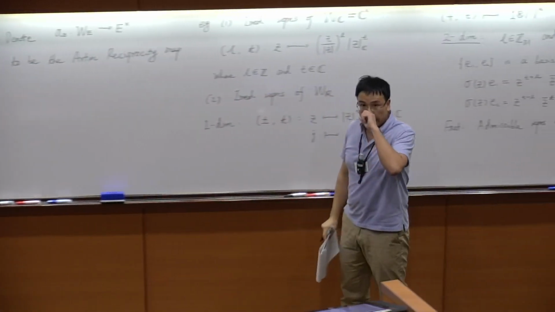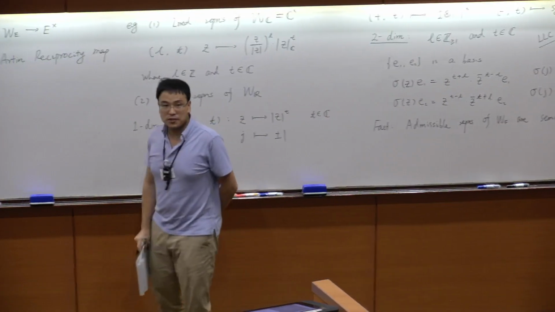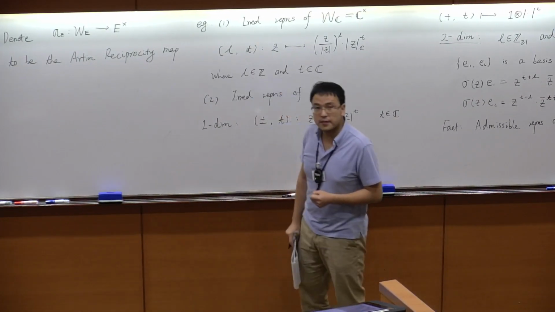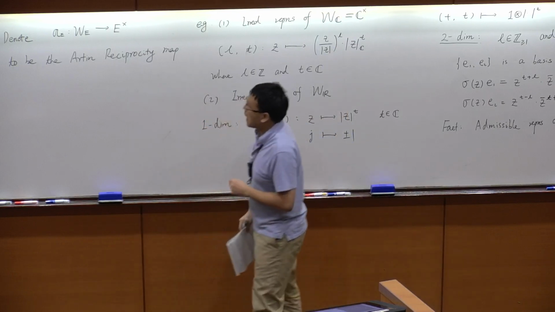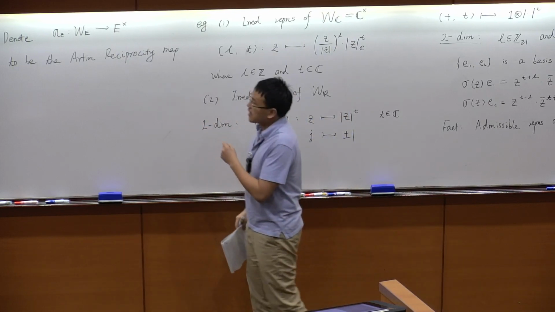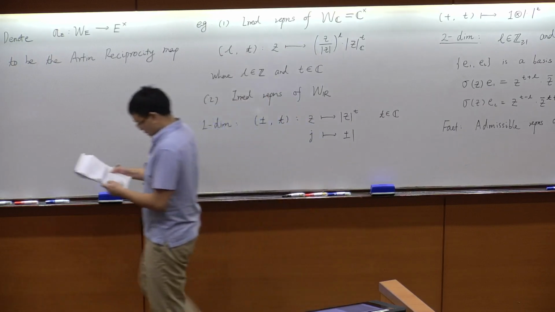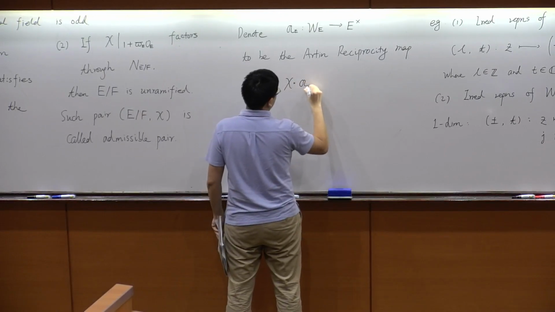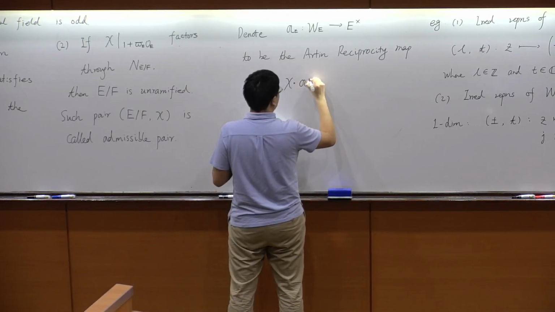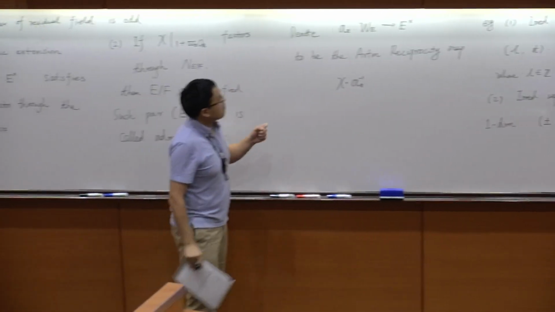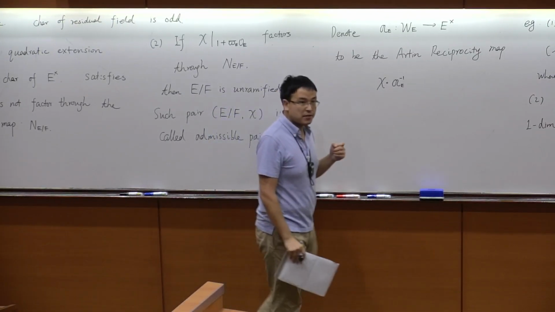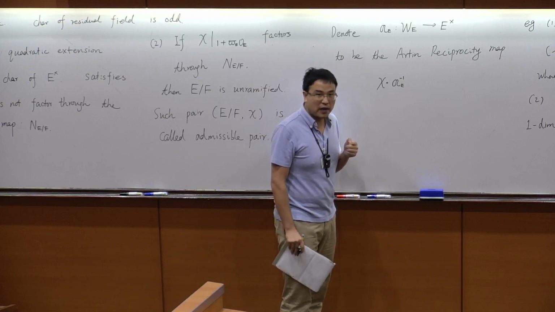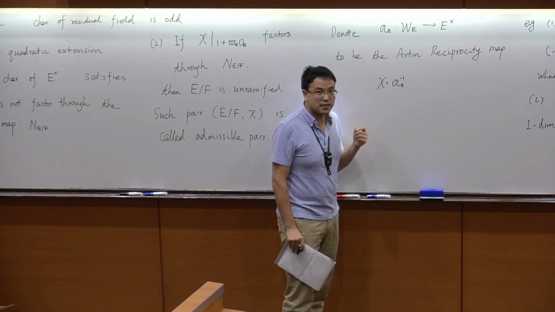And I'm going to denote A_E for the Artin reciprocity map, and this is going to give us the GL1 local Langlands correspondence for the p-adic case. And we're going to transfer from the Artin reciprocity map to give characters over the Weil group. And this map actually factors through the abelianization of the Weil group. So this is going to give us an isomorphism on the multiplicative group. So it makes sense that we take the inverse in this case.